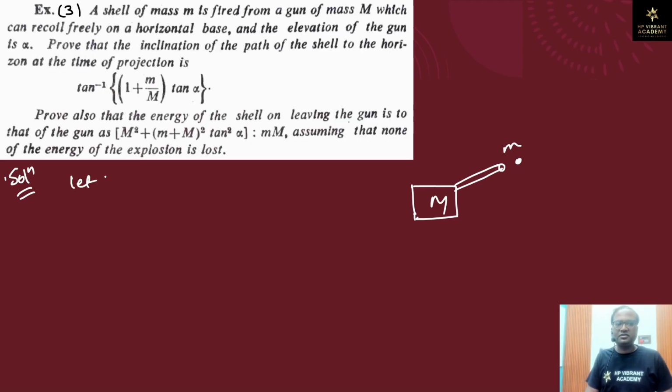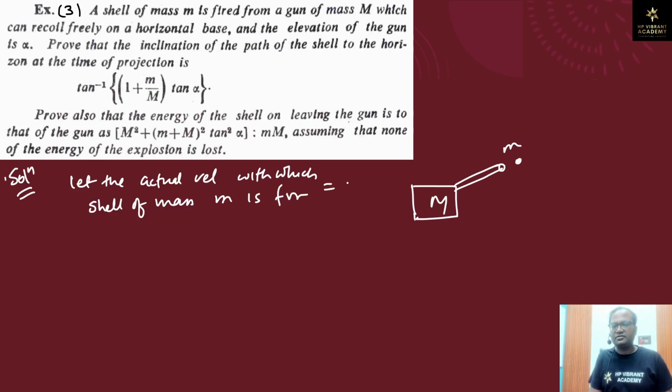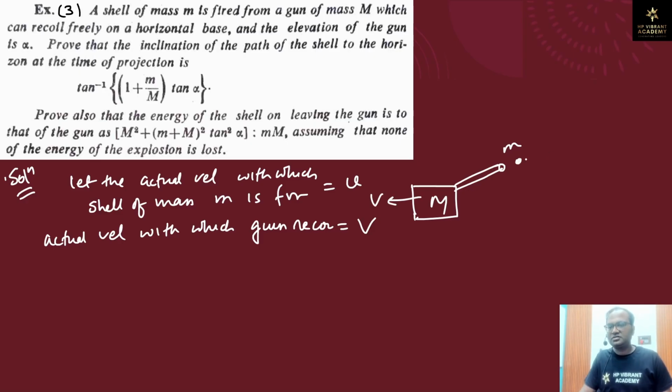Let the actual velocity with which the shell of mass m is fired be small v, and the actual velocity with which the gun recoils be capital V. This is capital V, and this actual velocity is small v. Let us consider its angle of inclination as theta.